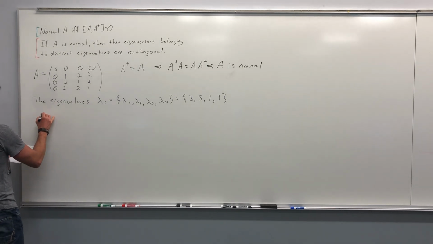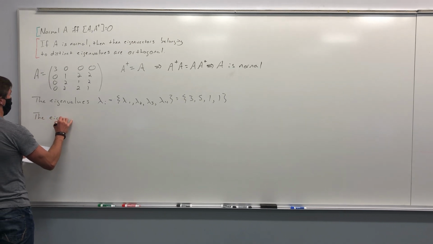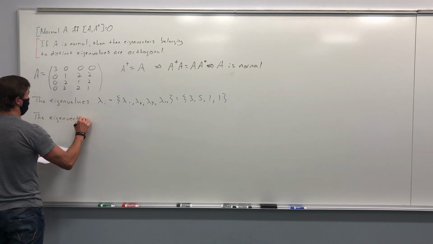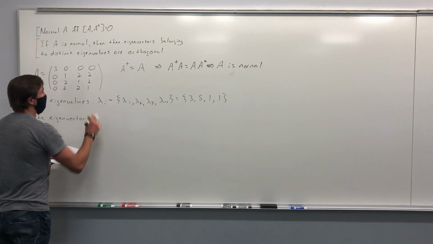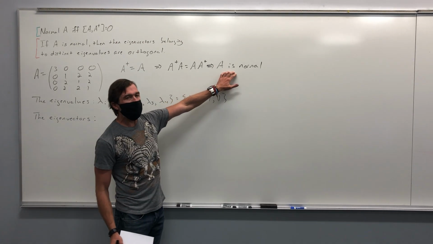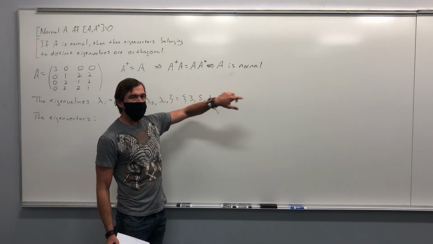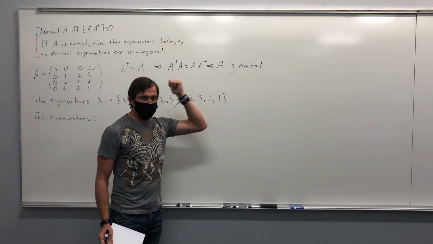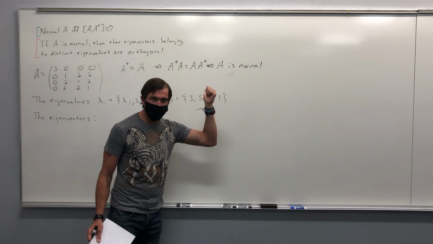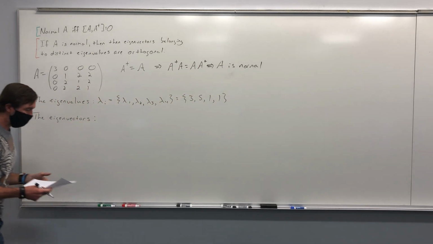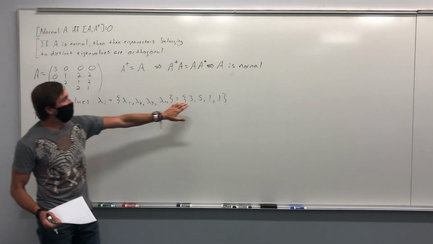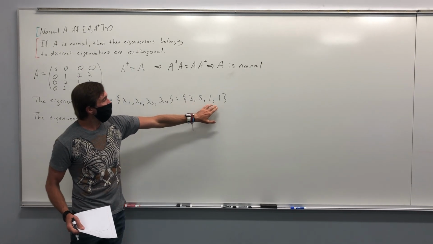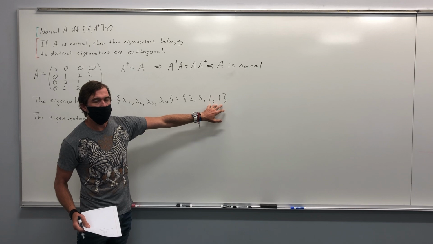The eigenvectors. Now, I want you to understand that A is normal. Therefore, the theorem I just presented and proved to you should apply to this situation. We have two distinct eigenvalues, and we have two degenerate eigenvalues.